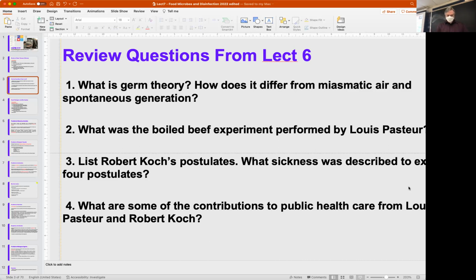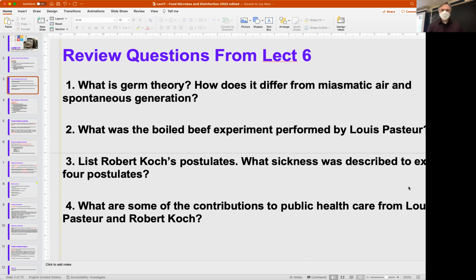With the boiled beef experiment, we have 1 vessel that's open. If you leave that open to the environment with some broth in it, microbes come from the air, and then eventually it spoils. If you have a vessel that's sealed off at the top, the microbes from the air don't land in the vessel, and you don't get a spoiled broth.